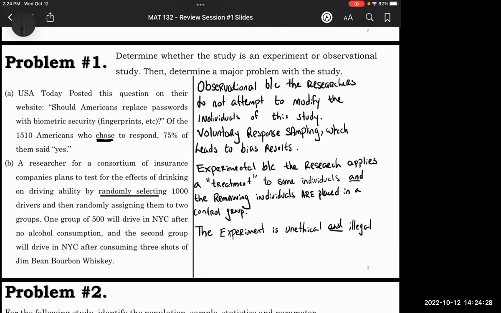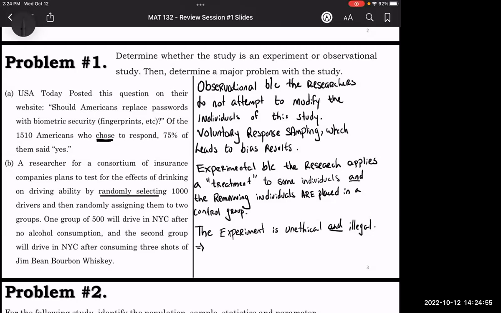So this was a case where you actually had to think about the situation. Well, how do we know it's unethical and illegal? Because if we drink and drive and we make an accident, it can cause what? If you drink and drive, you're risking possibly death, or before death, you could say injury.